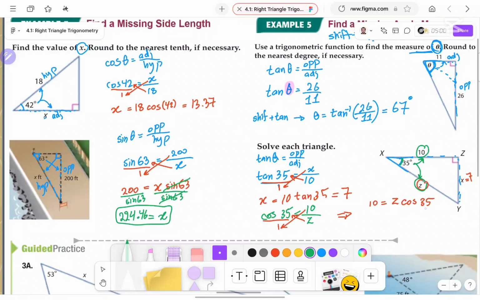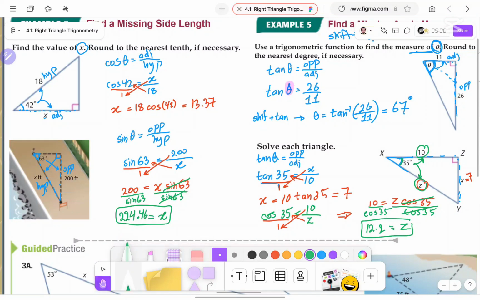Then we can divide both sides by cosine 35 and cosine 35. So we cancel them. So z is equal to 10 divided by cosine 35, which is equal to, I think, 12.2. Okay, 12.2. So this is how we can solve the question.